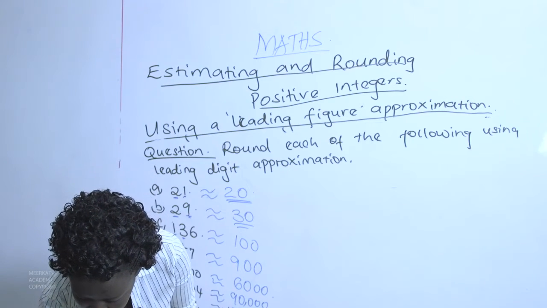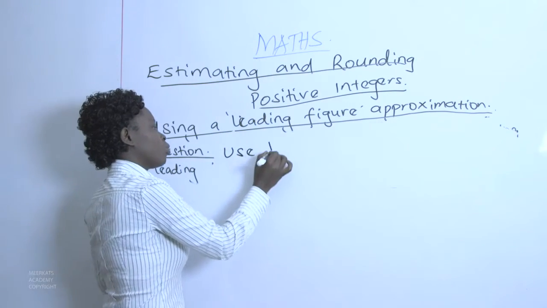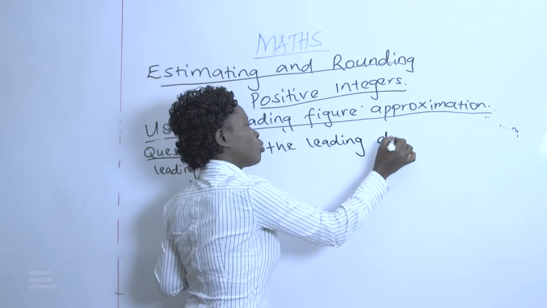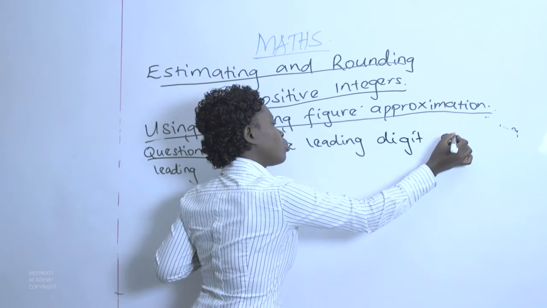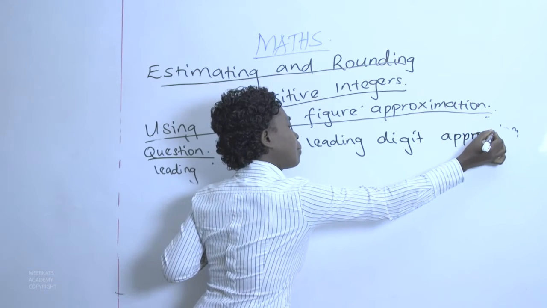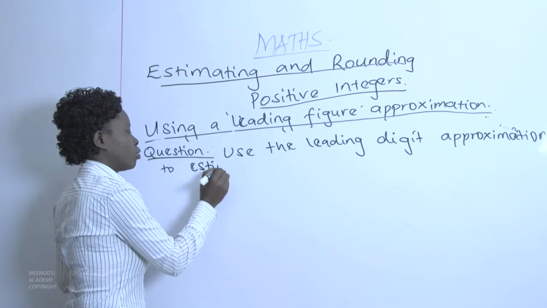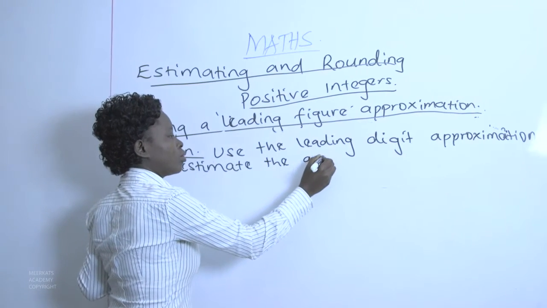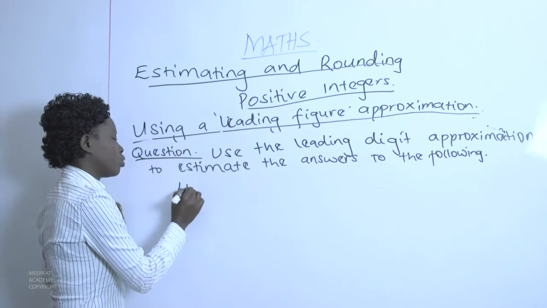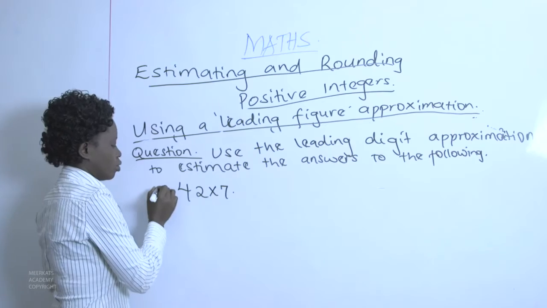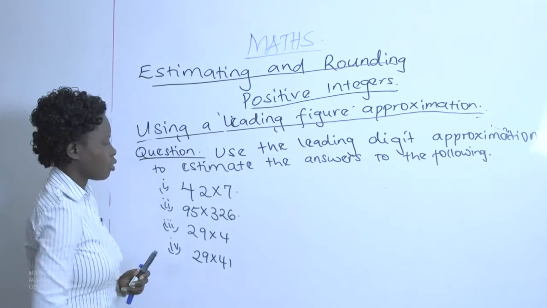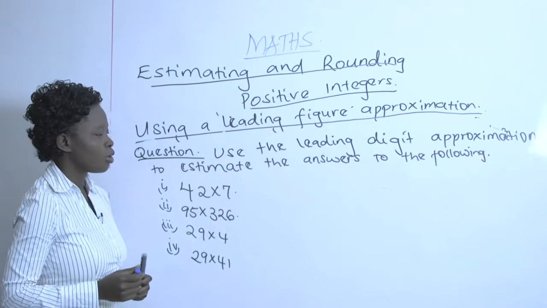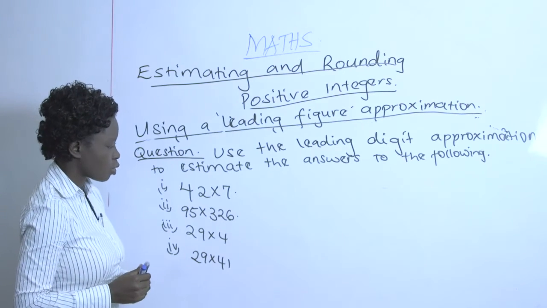Another question on the same could be, so we can look at the question together. We are being told to use the leading digit approximation to estimate the answers in the following calculations.